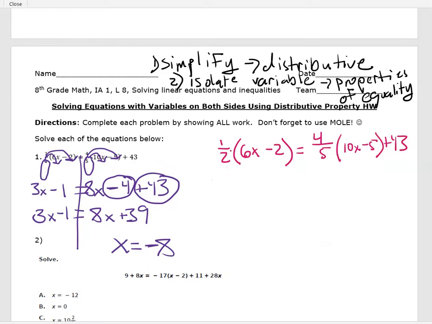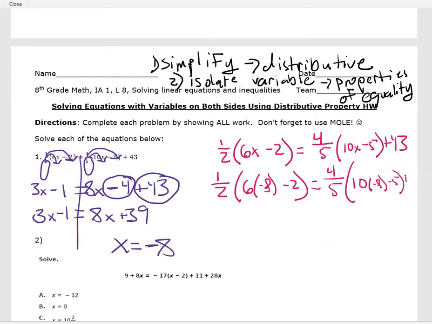I'm going to go ahead and plug this in. 1/2 of (6 times -8 minus 2) equals 4/5 times (10 times -8 minus 5) plus 43.